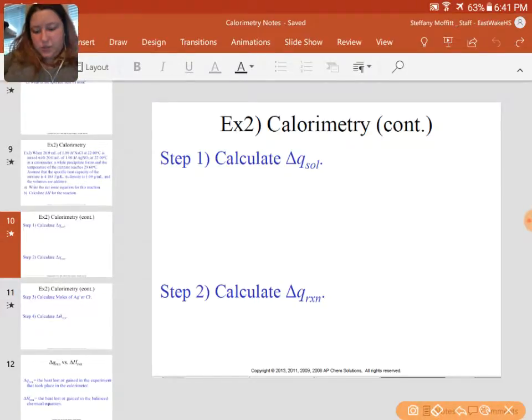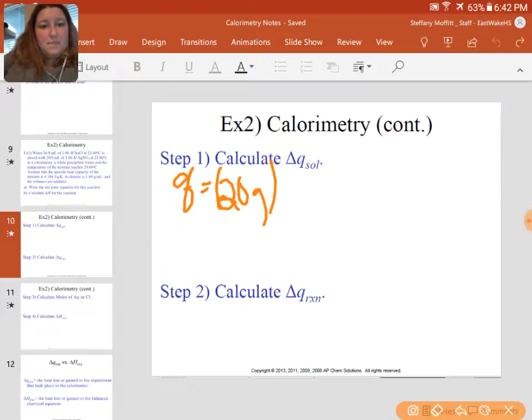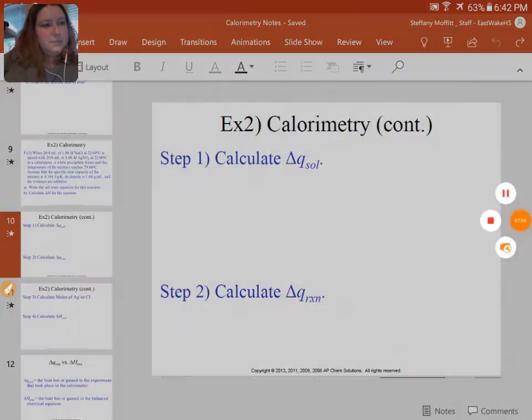So delta Q of the solution. We've got 20 grams, so we get that from the density and the milliliters. Hold on.